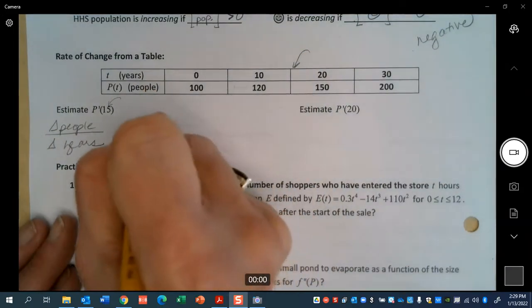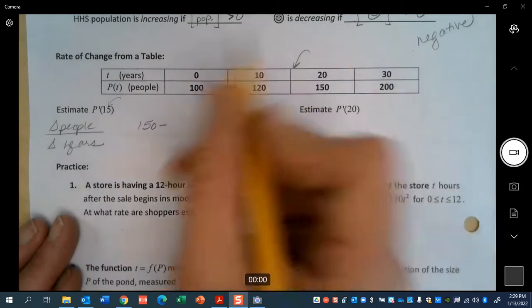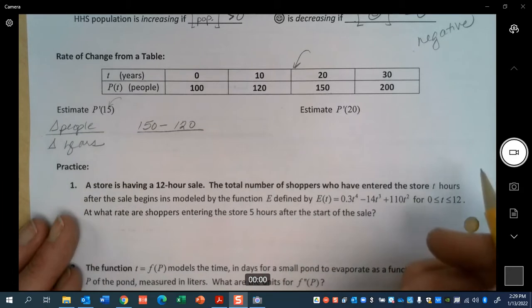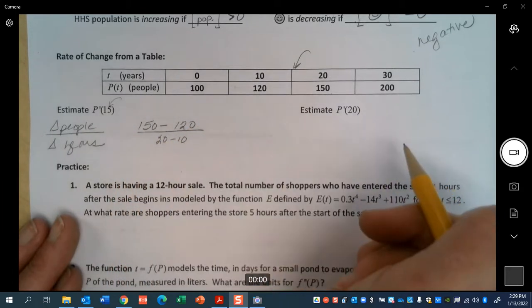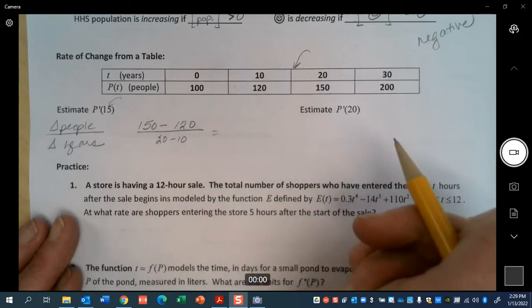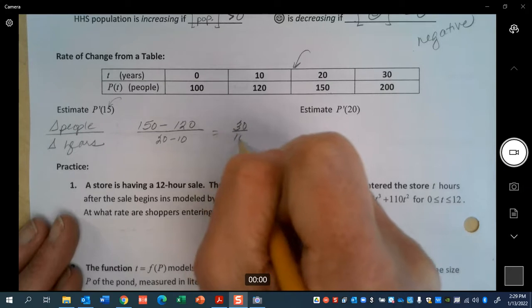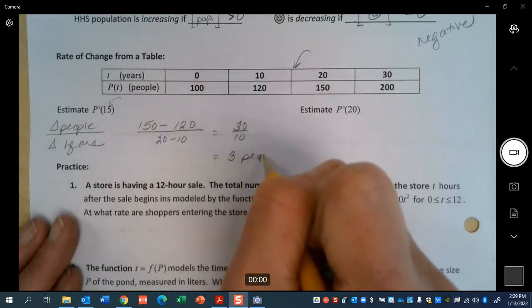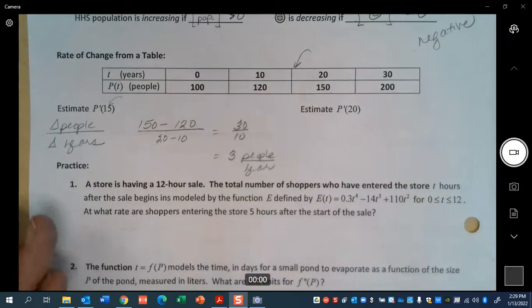So if I have 150 people after 20 years and 120 people at 10, my rate of change is going to be 30 over 10, or 3 people per year. Do you buy that?